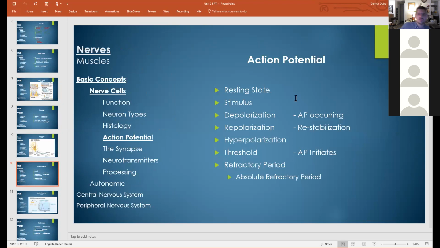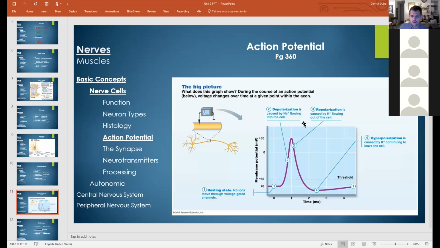The action potential. What you have here is a nerve at resting potential. Your nerves have a resting charge, and it's going to receive a stimulus. If that stimulus goes above the threshold, then all of a sudden it's going to start an uphill spiral rather than downhill.